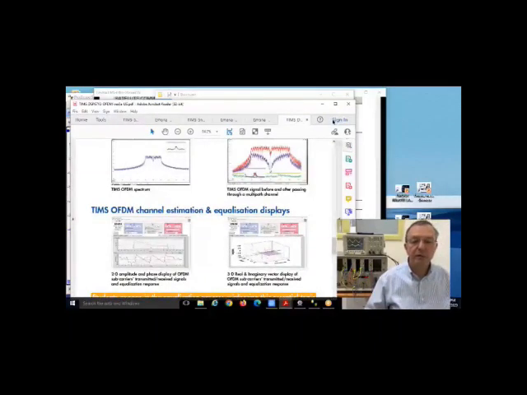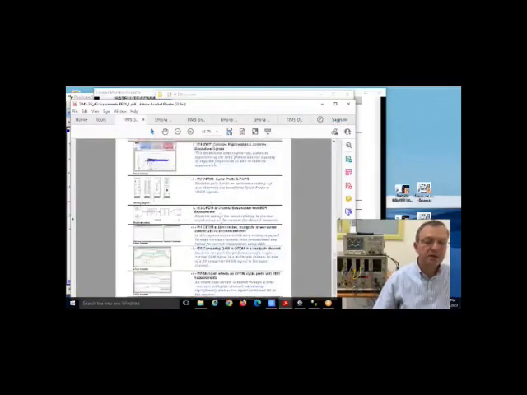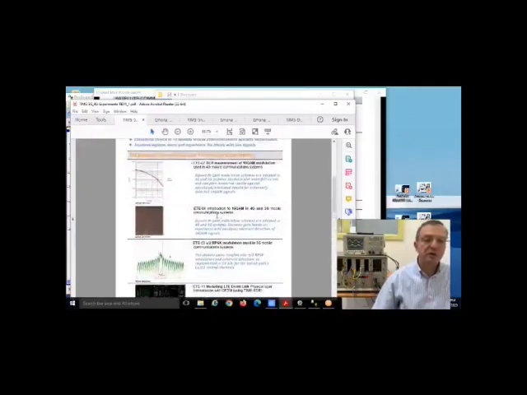The OFDM we have covered. And the other one that we have covered is the teaching concept. So this document of 4G and 5G experiments ties together where TIMS sits with the latest experiments.